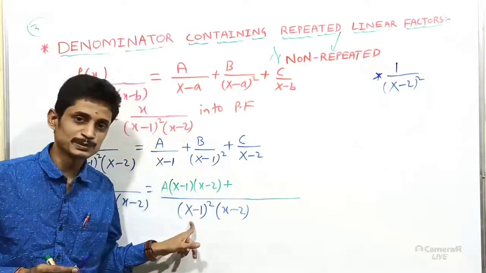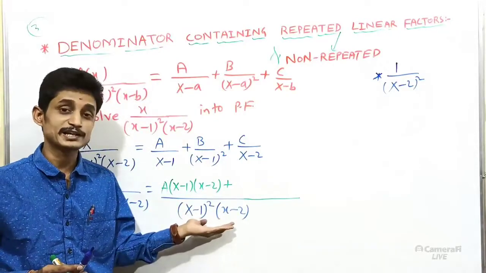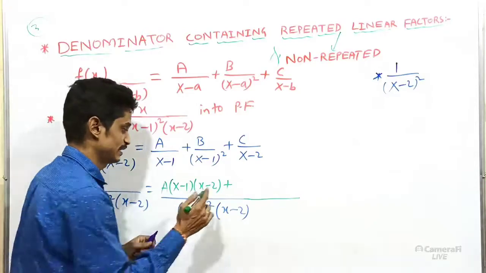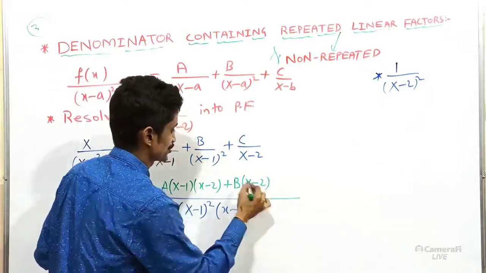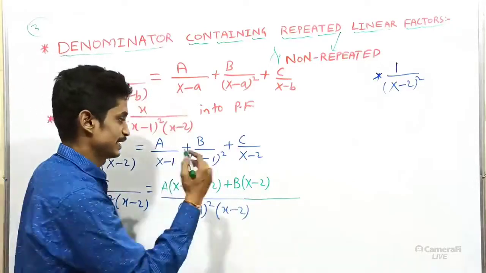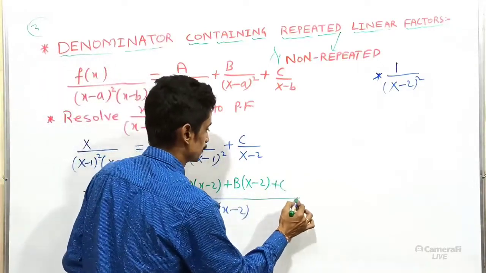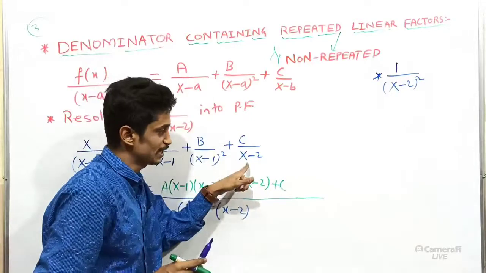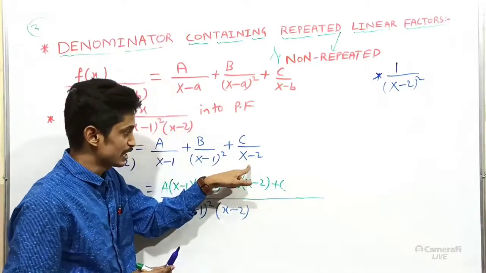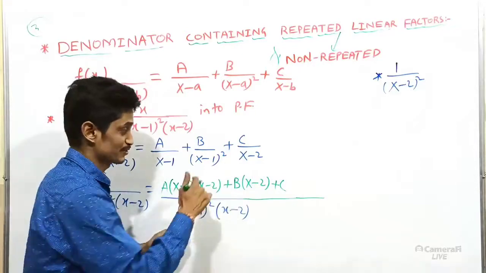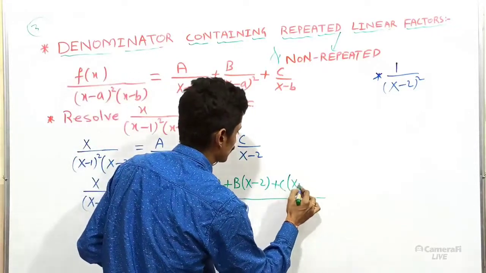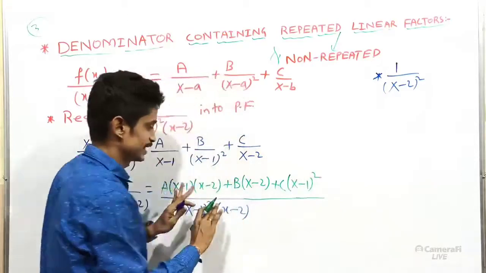Plus, just look at the denominator. Completely I have x minus 1 whole square, so I just need the x minus 2 term. That's why I multiply B by x minus 2. Right? Next, plus C divided by x minus 2, but I don't have x minus 1 whole square here. So what can we do? Just multiply by x minus 1 whole square. It's clear?